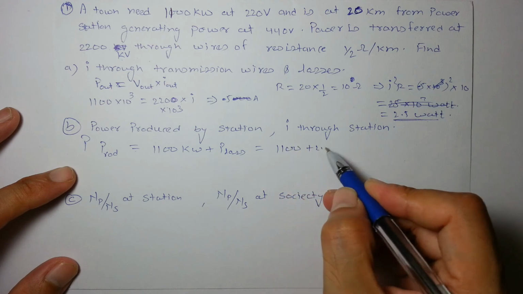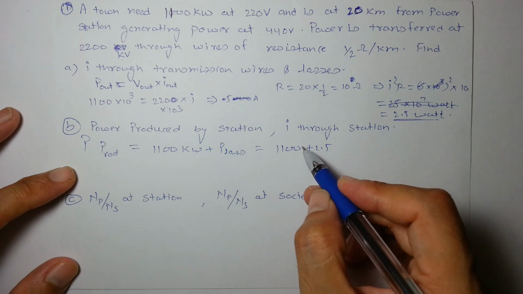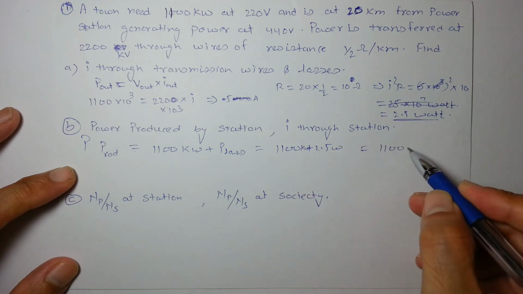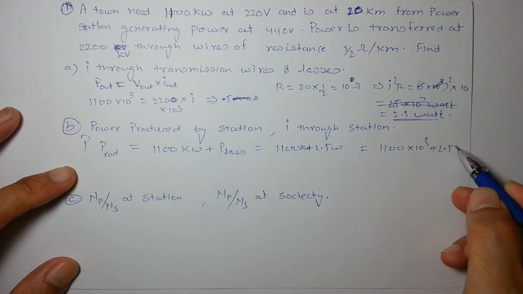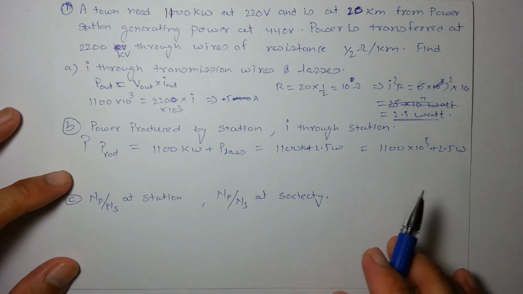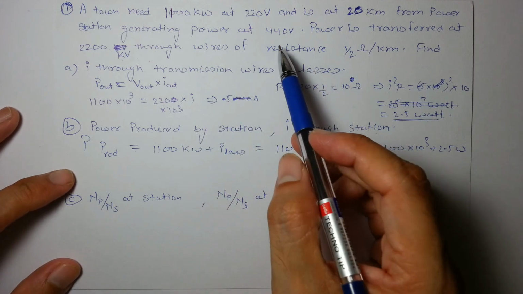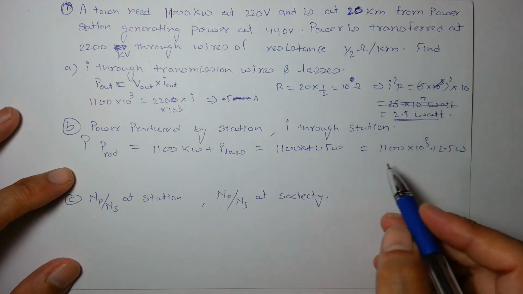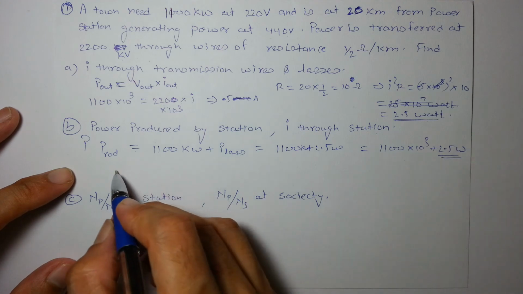So we can say almost all power is transferred. This is kilowatt and this is watt, so 1100 kilowatt plus 2.5 watt is negligible. And for the current through the station, we can say power generating at the station is at this much volt, so we are neglecting this 2.5 watt, which is the loss.